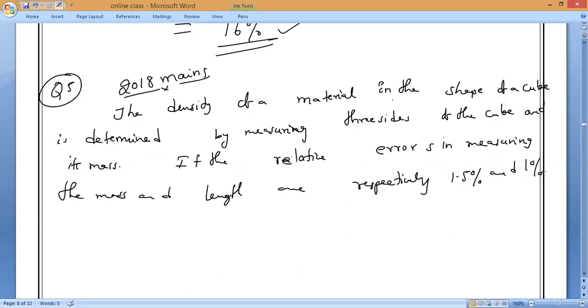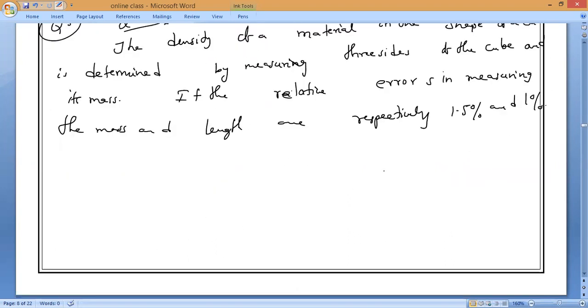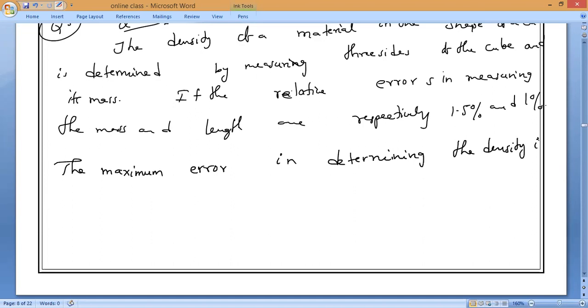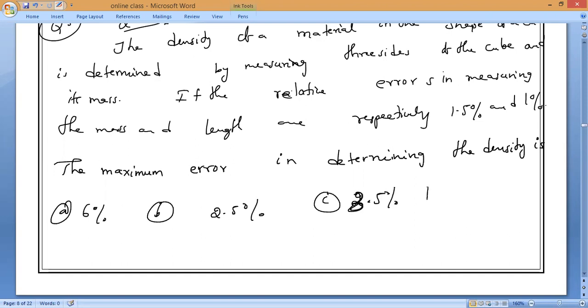This is our question. The maximum error in determining the density is: A 6%, B 2.5%, C 3.5%, and D 4.5%.